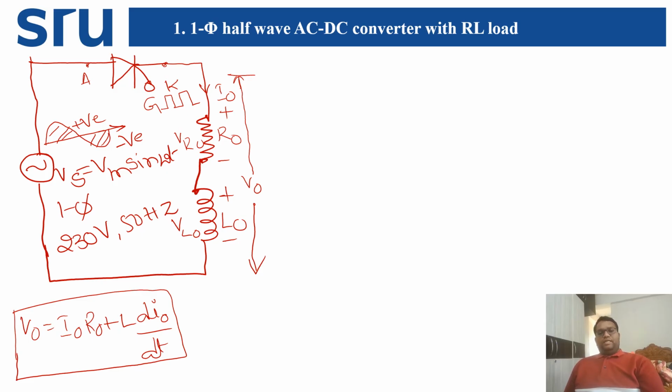Now, due to the inductive load, when the positive half cycle is going to end, the inductor will supply energy to the thyristor. Due to that, there is an extension of the conduction in this single phase half wave AC to DC converter with RL load. How it will come, we will see step by step and explain.